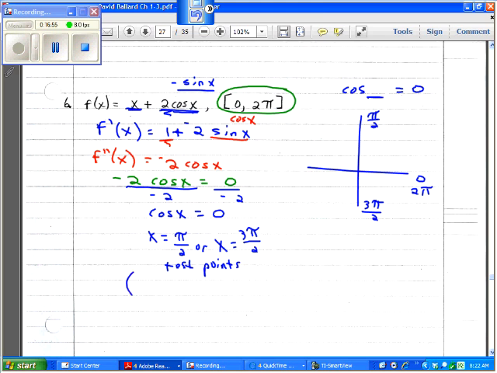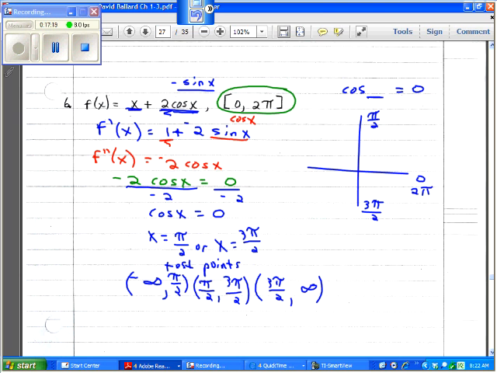And from those test points, we could create intervals, test intervals for the second derivative. So we'd have negative infinity to pi over 2, pi over 2 to 3 pi over 2, and from 3 pi over 2 to positive infinity.